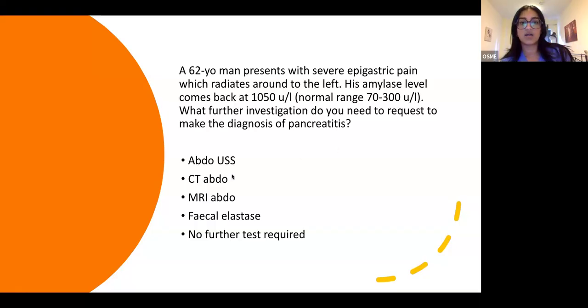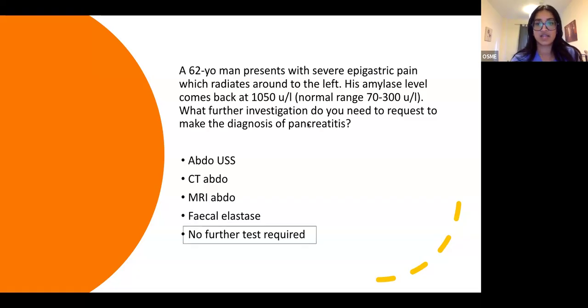For the diagnosis of pancreatitis, you actually wouldn't need to do any further tests because they've got clinical signs. They've got the severe epigastric pain, and they also have biochemical markers which are deranged, so very high amylase levels. Because they have these two criteria, you do not need to do any further testing, and you've already made your diagnosis.